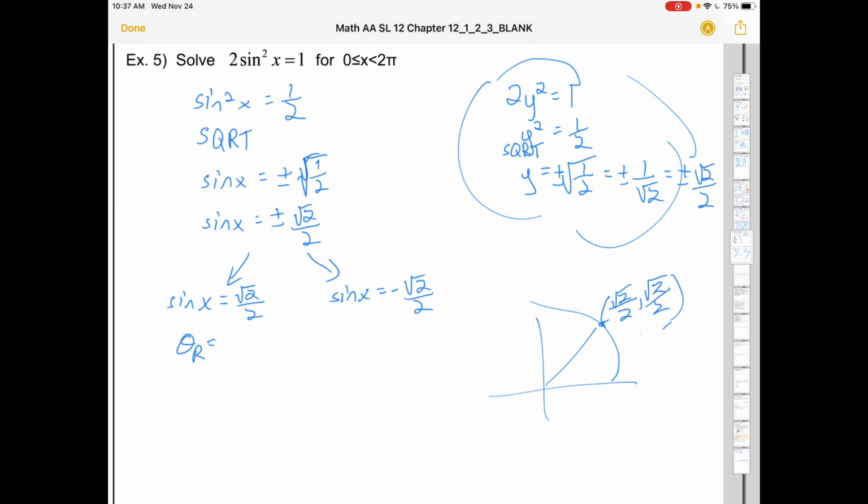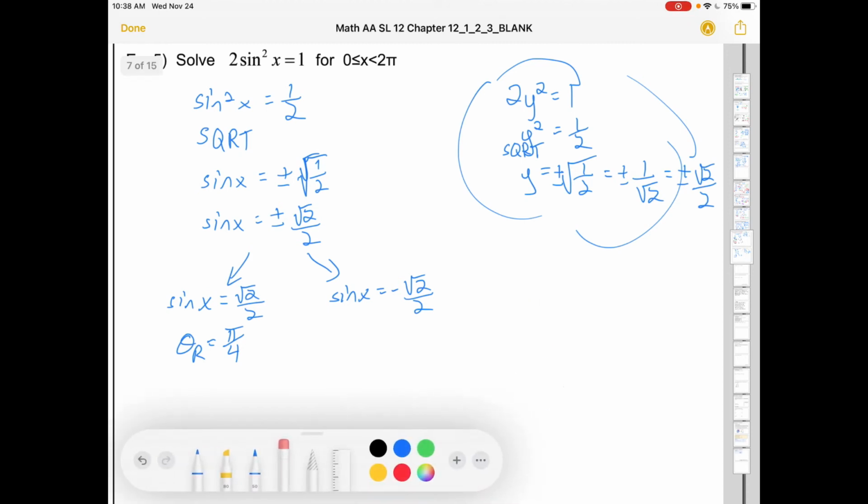And this tells us that's where sine is, and that would be a reference angle of pi over 4, or 45 degrees. Let me just make some space by getting rid of my quarter circle over here. Hopefully you have a quarter circle that you're using as you're working through these, and hopefully you can generate one easily. Either that, or you have another way that you organize your trig values.